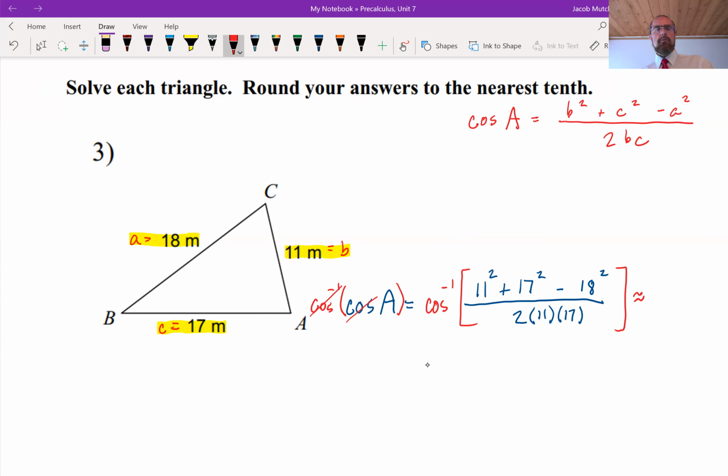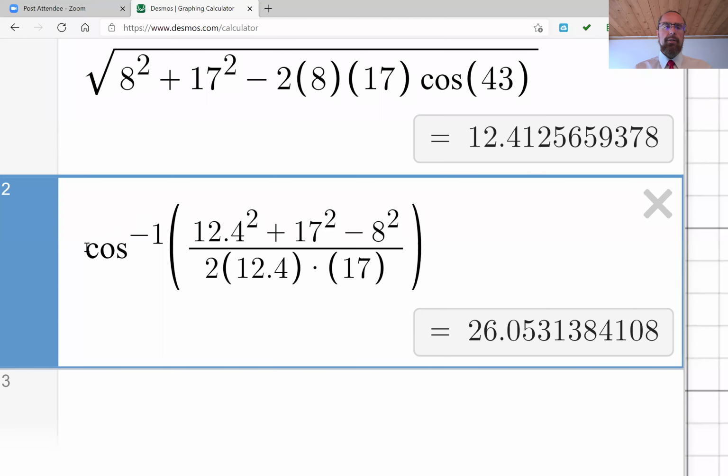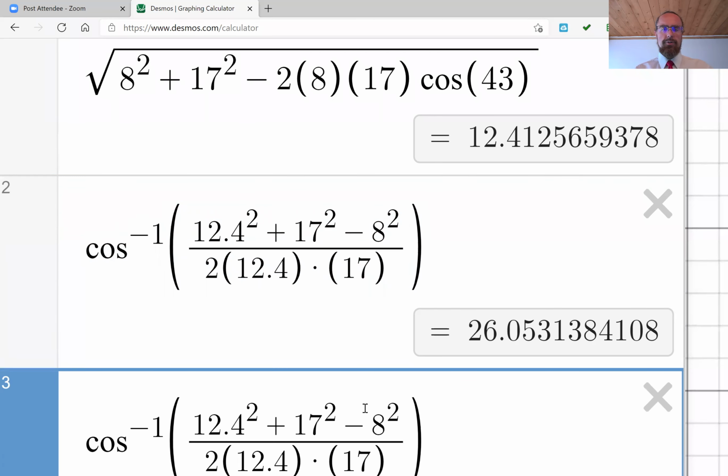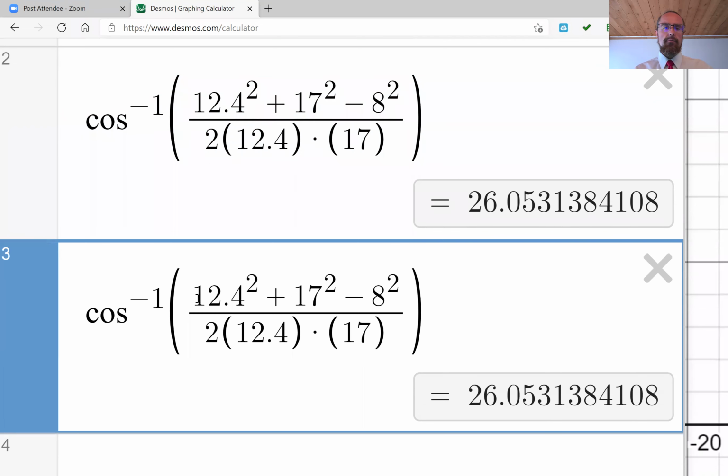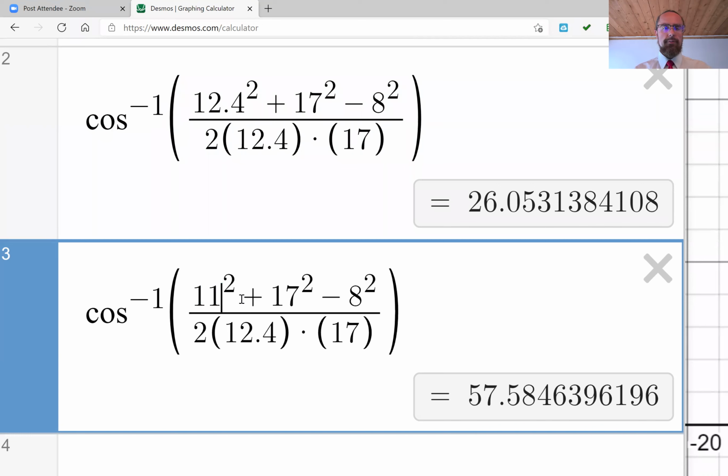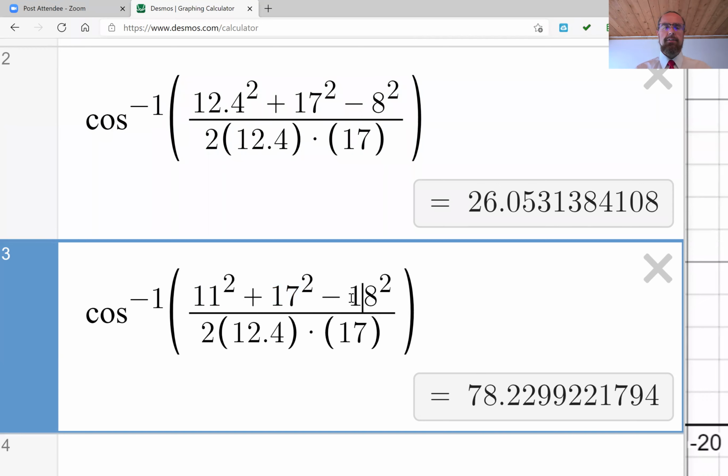Again, I'm going to take that over to the calculator and we'll input it. So I can probably just copy that one and substitute out our numbers here. So our version here that we just set up is going to be 11 squared plus 17 squared minus 18 squared. And then I just need to change these two factors for 11 and 17 is already there.